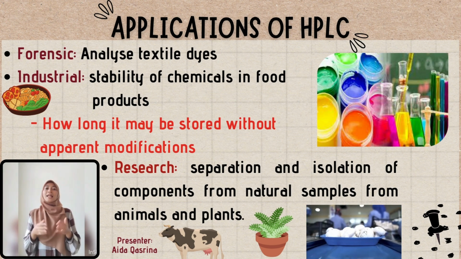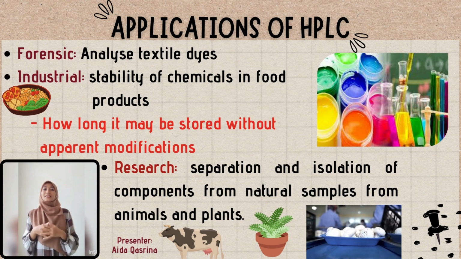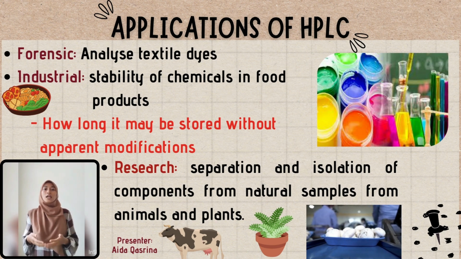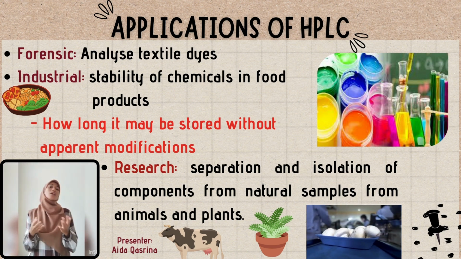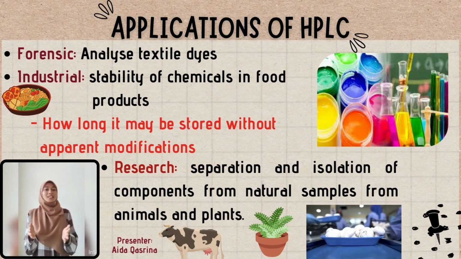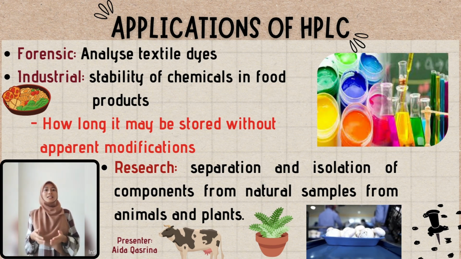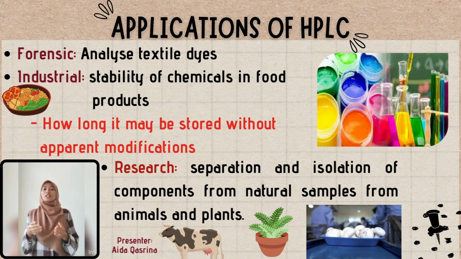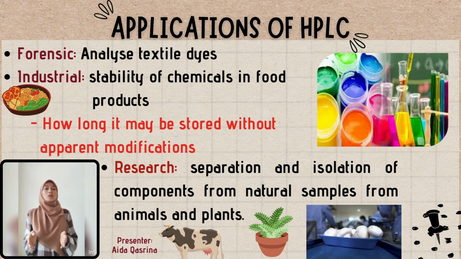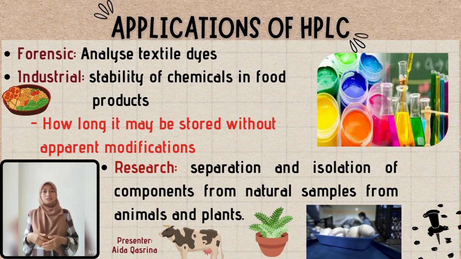The separation and identification of a complex mixture of natural and synthetic textile colors can be accomplished utilizing HPLC with diode array detection. Following that, in industry, HPLC is applied to test the stability of chemicals in food products, where, according to Auriga Research 2018, the stability of a food item refers to how long it may be stored without apparent modification or a change in taste or flavor.